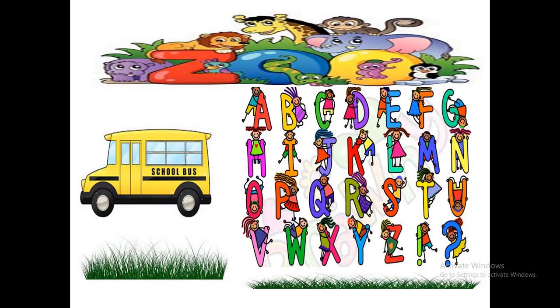So, these letters quickly arranged themselves in correct order and they went A, B, C, D, E, F, G, H, I, J, K, L, M, N, O, P, Q, R, S, T, U, V, W, X, Y and Z.